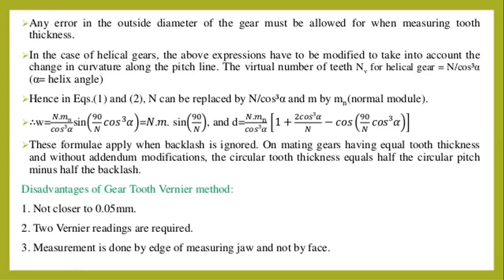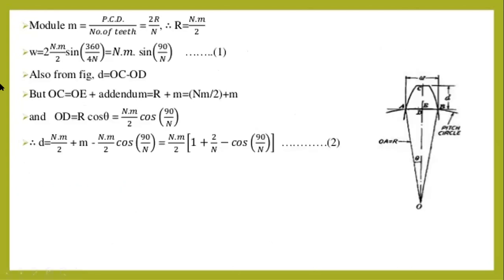And in the case of helical gears, the above expressions, 1 and 2, for the value W, that is width, obtained in the first equation, and for the depth, obtained in the second equation.